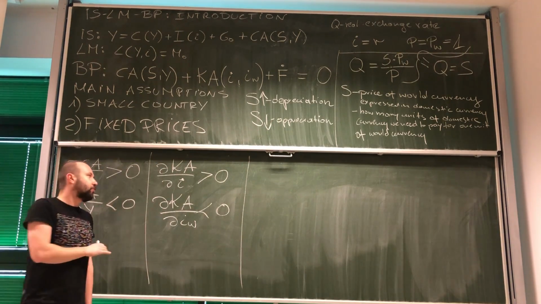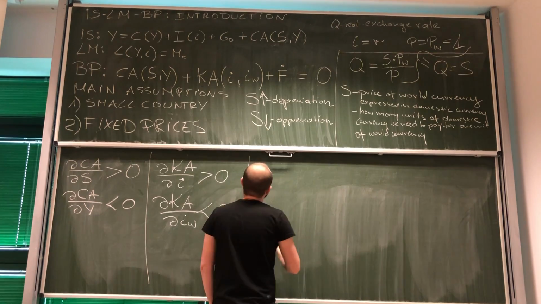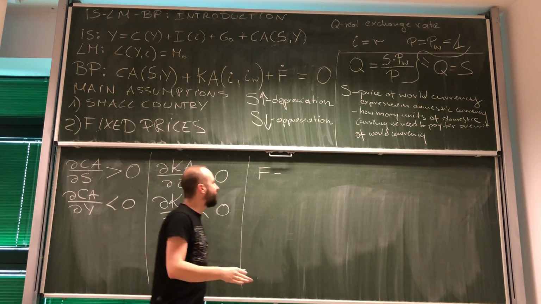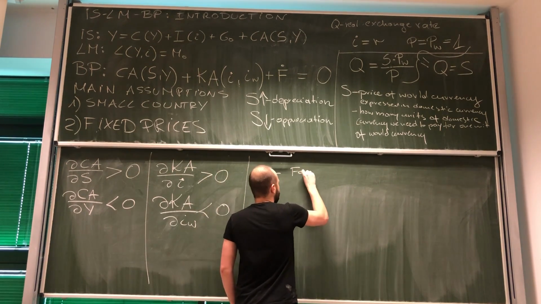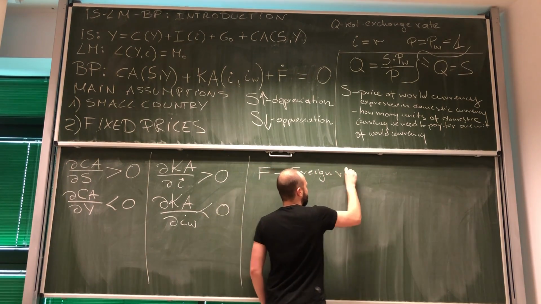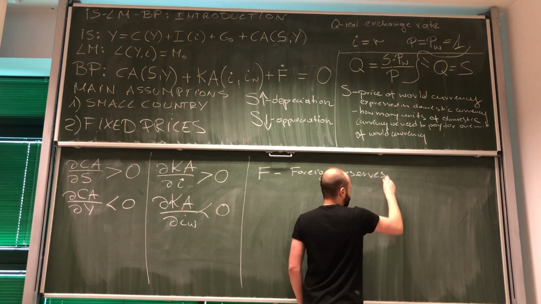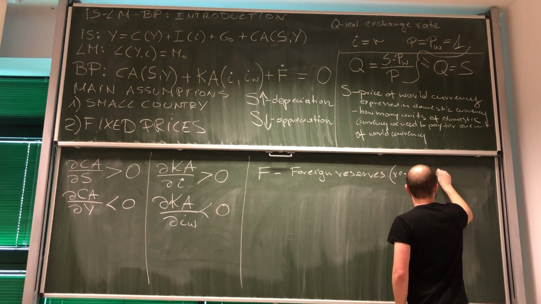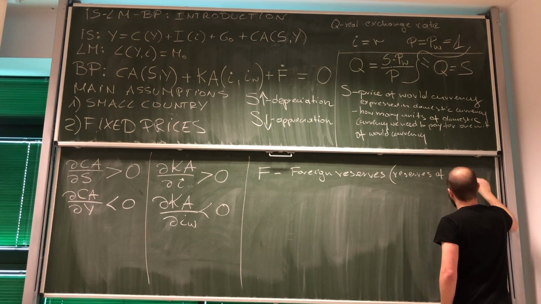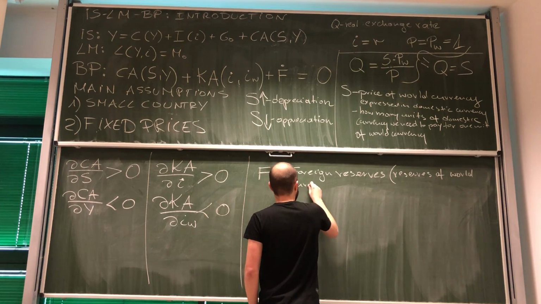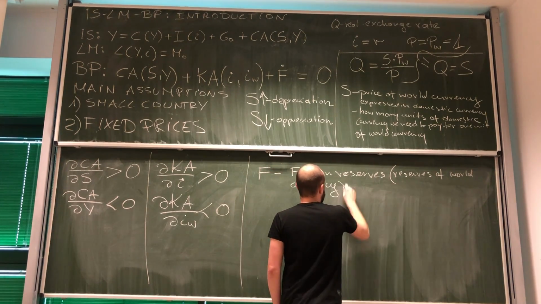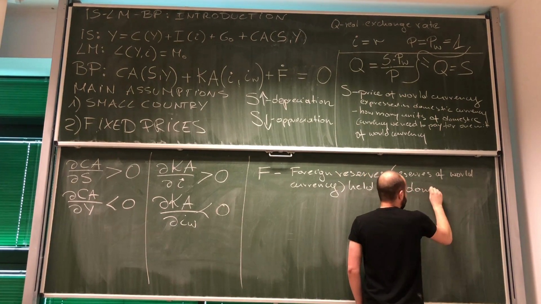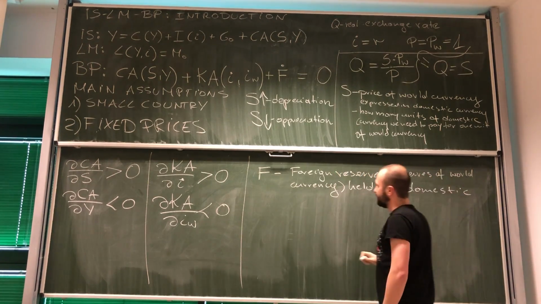And before we define what F with the dot is, we should start by defining F. And look, F are foreign reserves, so those are reserves of world currency held by the domestic central bank.